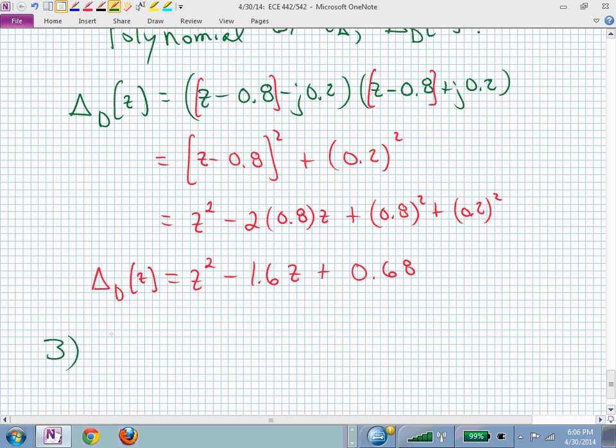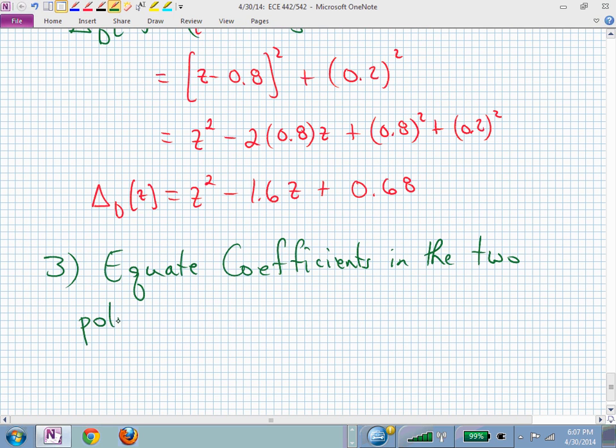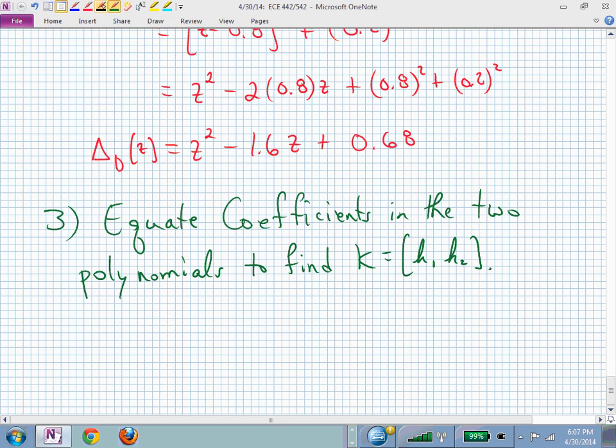So that's step 3, equate the coefficients in the two polynomials. In this example, to find k, which is actually k1, k2.